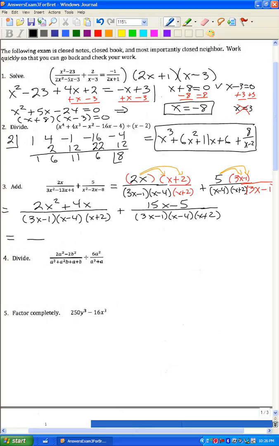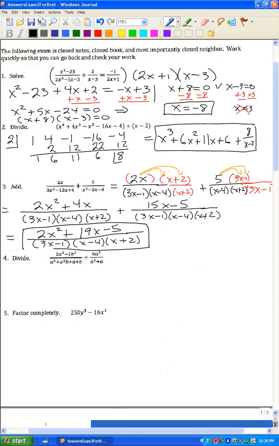And so I can add the numerators and write it all over the common denominator. And so I get 2x squared, 4x plus 15x is 19x minus 5. And that is your answer.